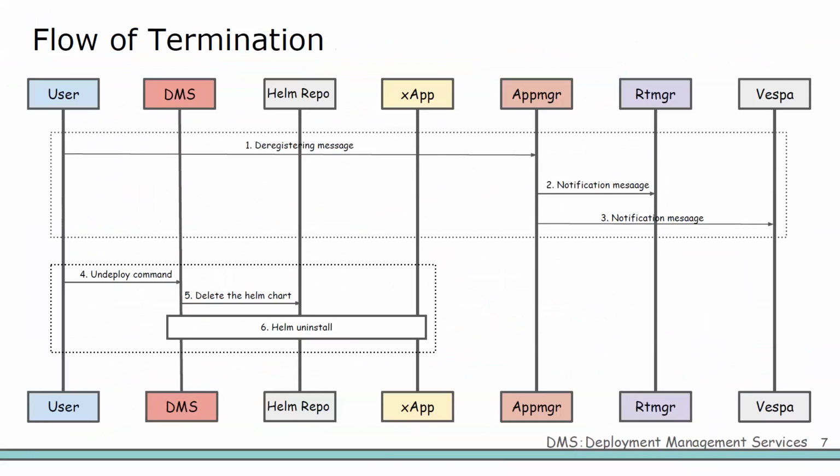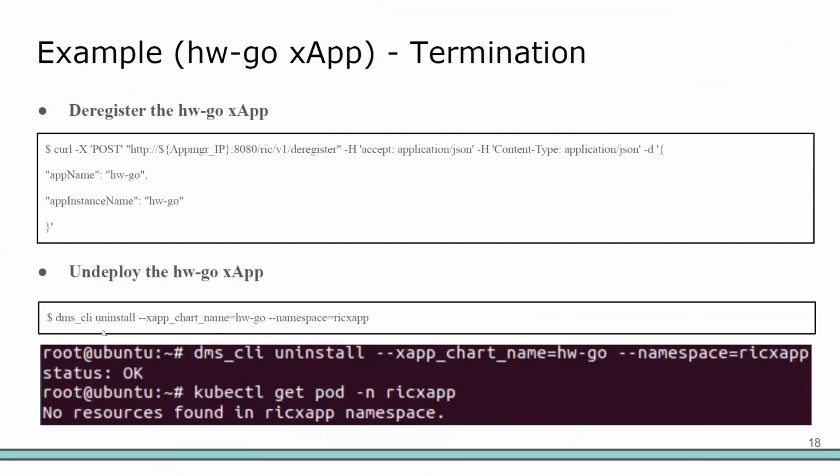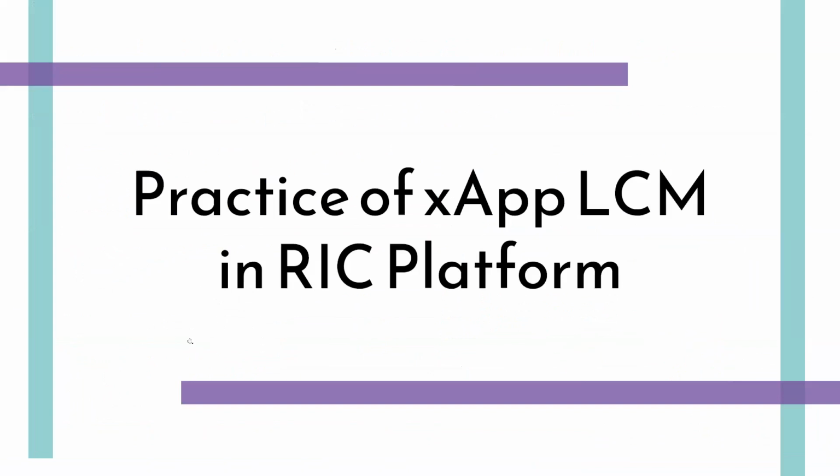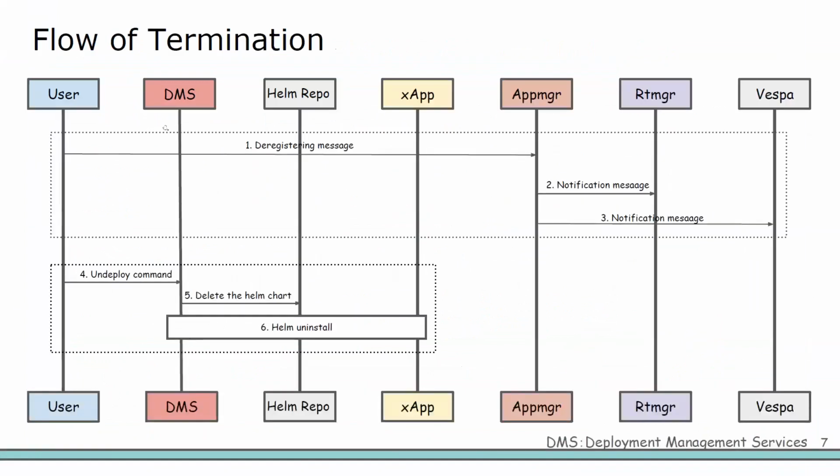So next, we use the undeploy command to undeploy our Hello World Go xApp. You follow with the xApp name and the namespace. So the DMS tool will receive it.